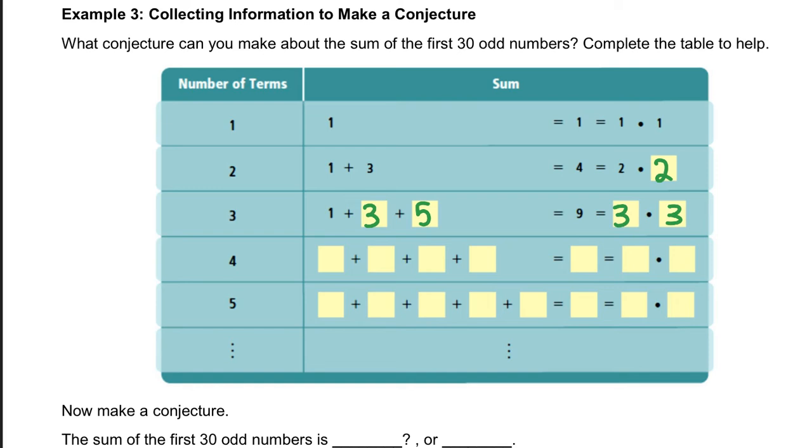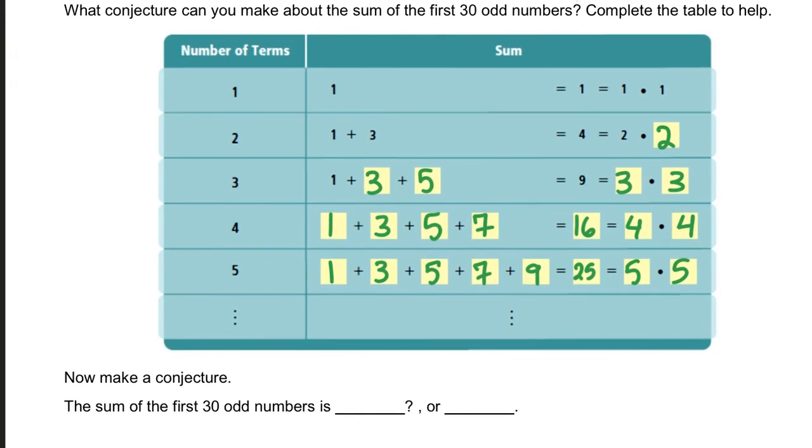The sum of the first 4 odd numbers, 1 plus 3 plus 5 plus 7, that's 16, which is really 4 times 4. And then finally, the sum of the first 5 odd numbers, 1 plus 3 plus 5 plus 7 plus 9, which is 25, or 5 times 5.